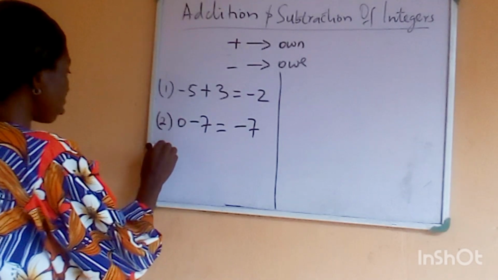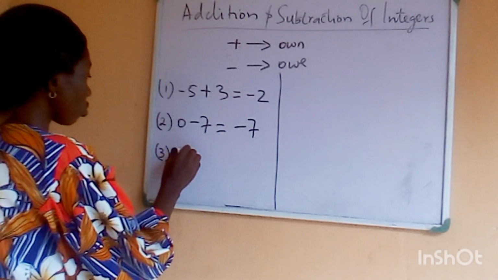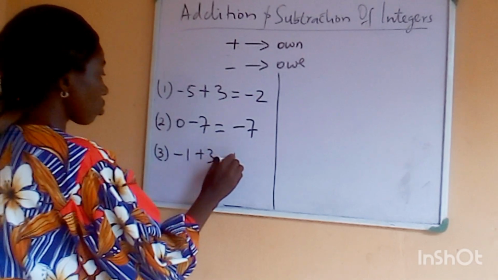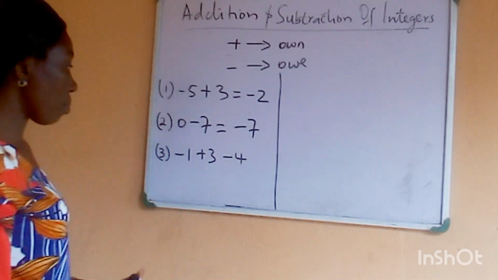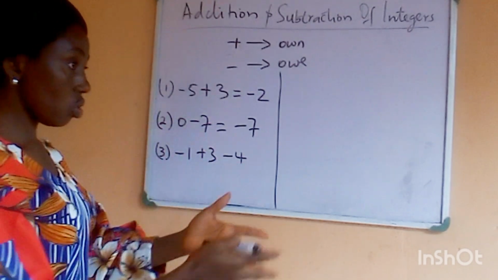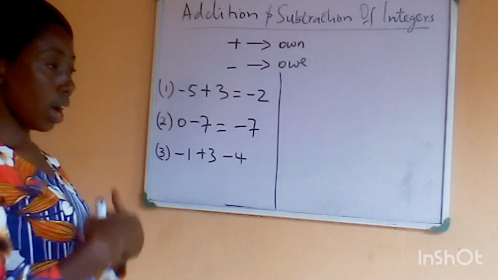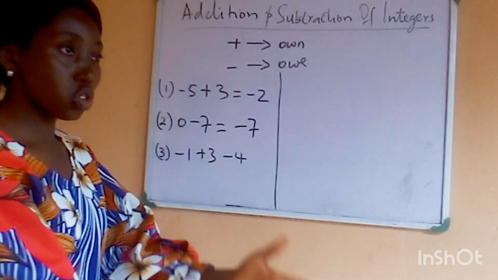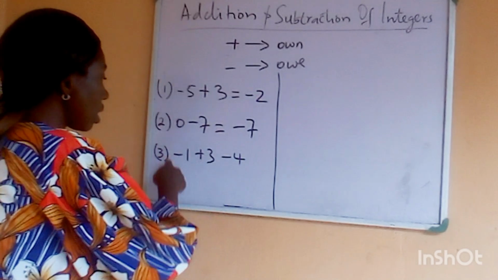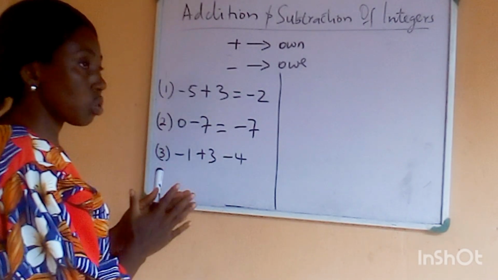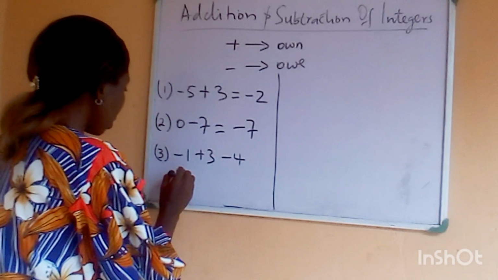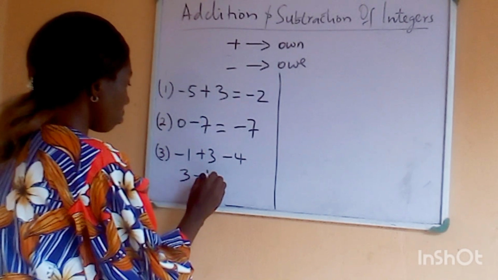Another example is this. If we have minus 1 plus 3 minus 4, this is a combination of plus and minus. Now minus 1 shows you are owing somebody, plus 3 shows you have, and minus 4 shows you are owing somebody. So what are you going to do? We collect like terms. We collect the plus together and the minus together, and we have 3 minus 1 minus 4.